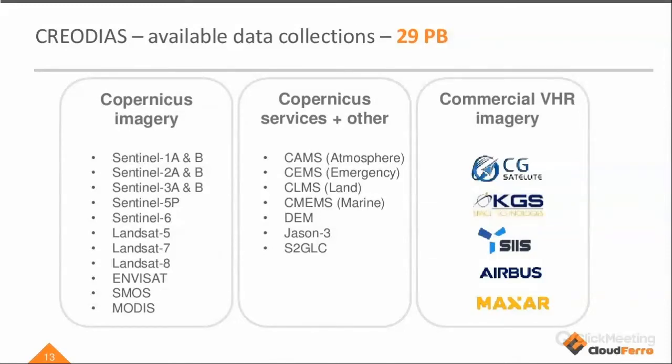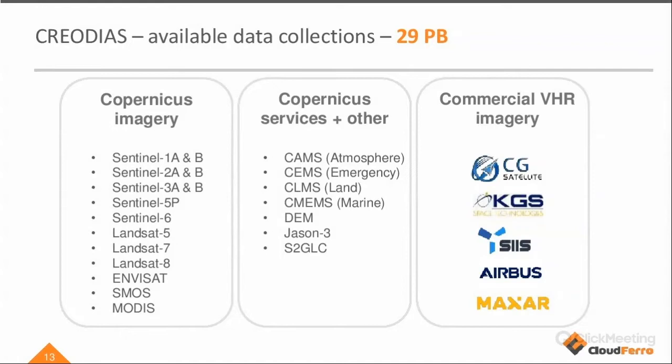We also give access to Landsat 5, 7, and 8, and ENVISAT, SMOS, and MODIS datasets. Besides, we present access to Copernicus services and other datasets, such as atmosphere, emergency, land, and marine, and also the digital elevation model, datasets of the altimetry satellites, and products such as GLC, the Global Land Cover of Sentinel-2.